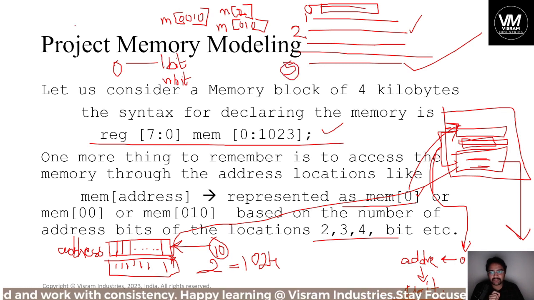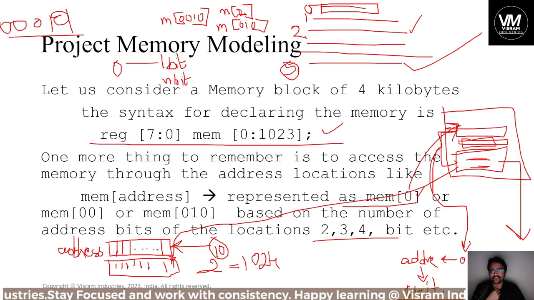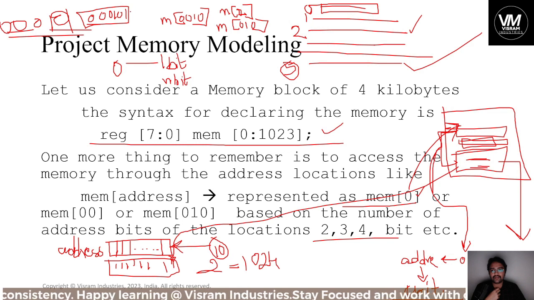For example, if it is 5, and I want to represent it in 6 bits, how can you write it in 6 bits? 000 101, six bits. That can be the memory location for the 5th register.